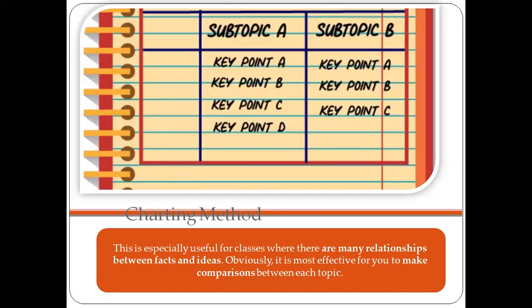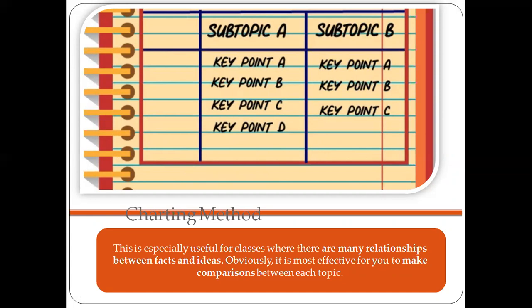Well, charting method. That is the fourth method, charting method. In this method, especially, you can just draw a table like chart, and this is especially useful for classes where there are many relationships between facts and ideas.